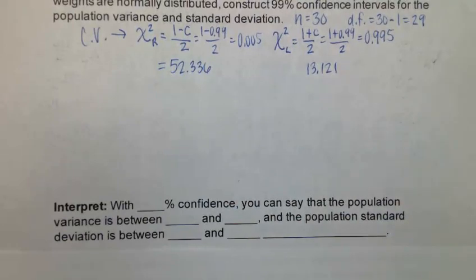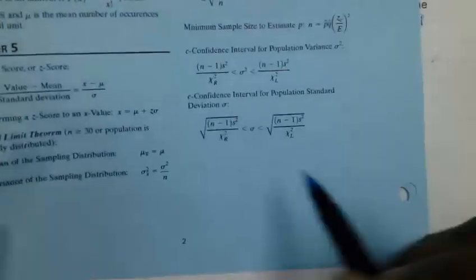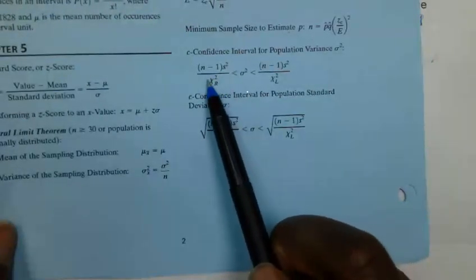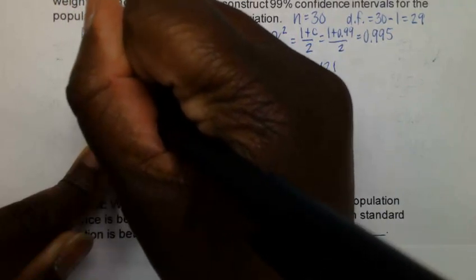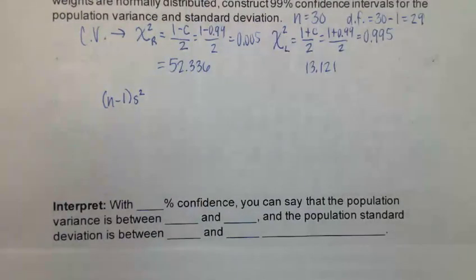All right, so let's get our formula. It's n minus 1 times s squared over chi squared right, and n minus 1 times s squared over chi squared left.